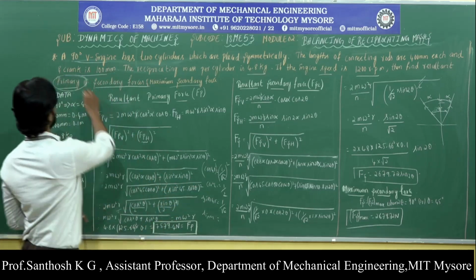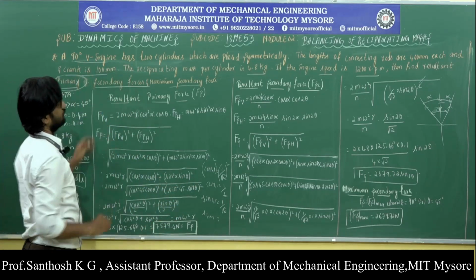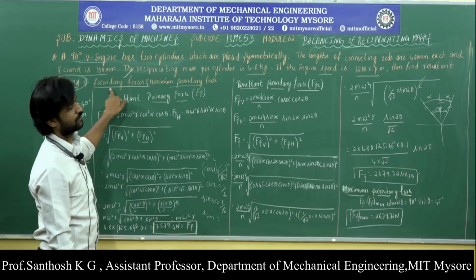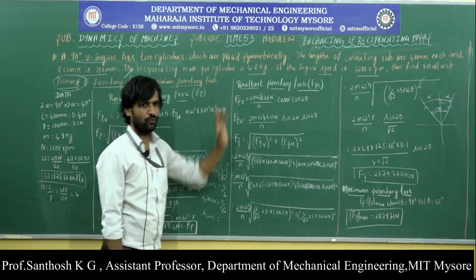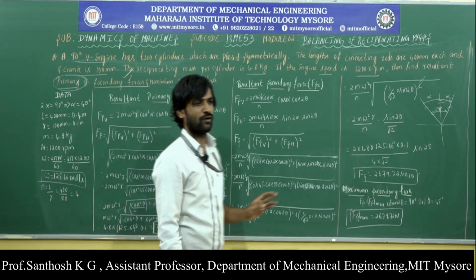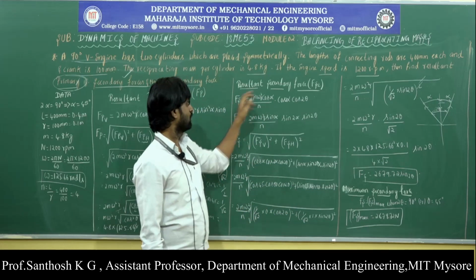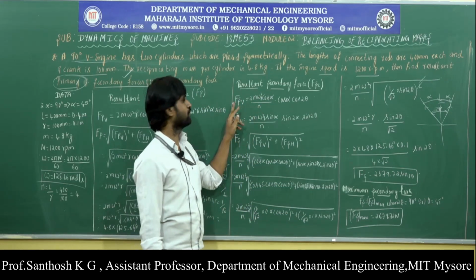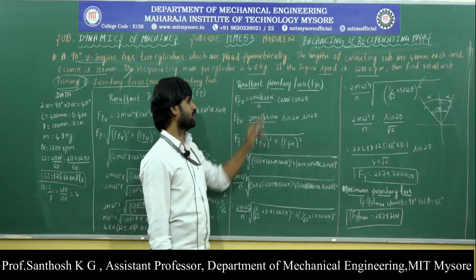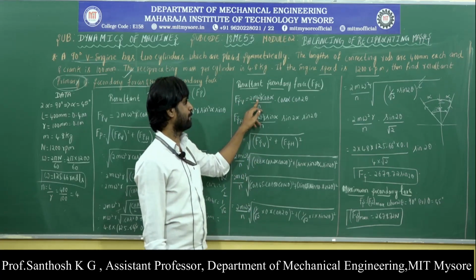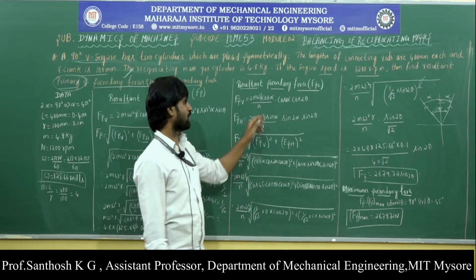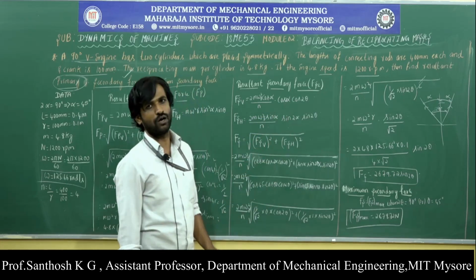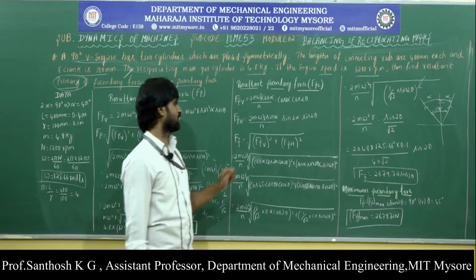Now, once you calculate the value of the primary forces, we are trying to calculate the value of the resultant secondary forces. In order to calculate the secondary forces, we already know that the vertical component of the secondary force can be calculated by using the equation 2m omega square r cos alpha divided by n into cos 2 alpha into cos 2 theta.